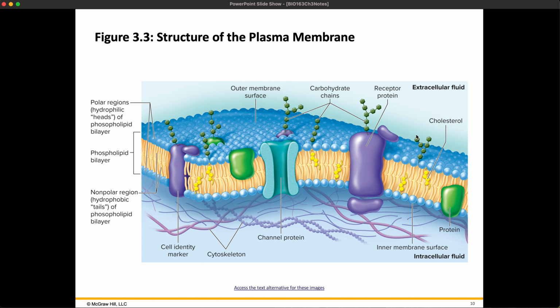You can also see embedded all throughout it these channel proteins and identity markers. Those are glycoproteins, carbohydrate chains linked to receptor proteins, all identifying the cell. And embedded within the cell membrane, you can see these little rings of cholesterol, which help to give it some sturdiness and structure.